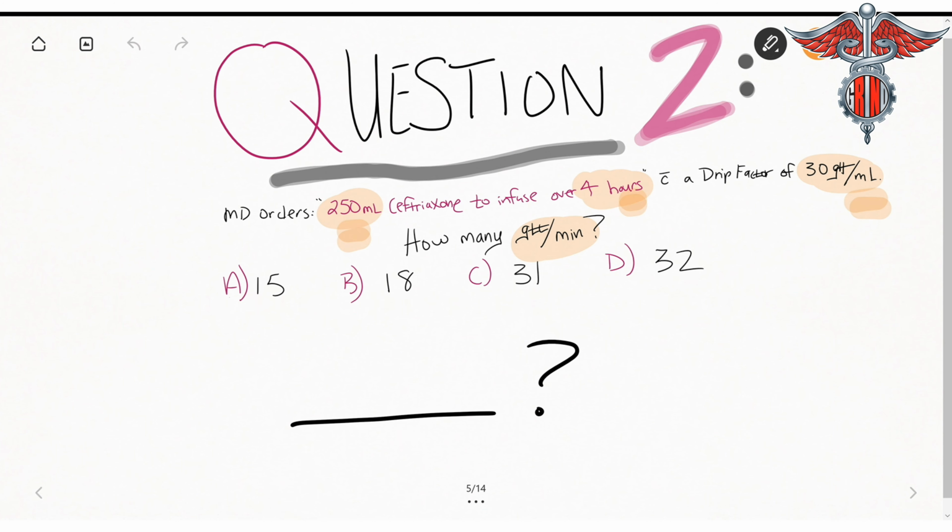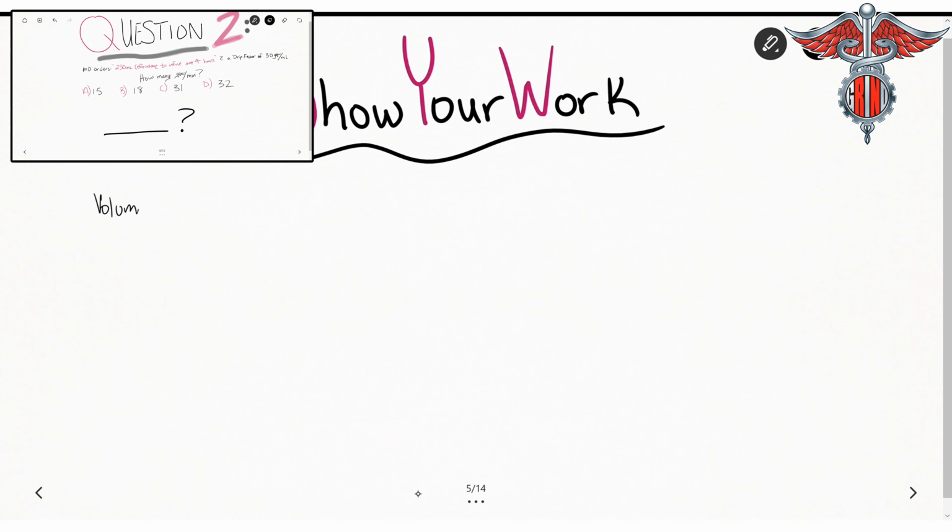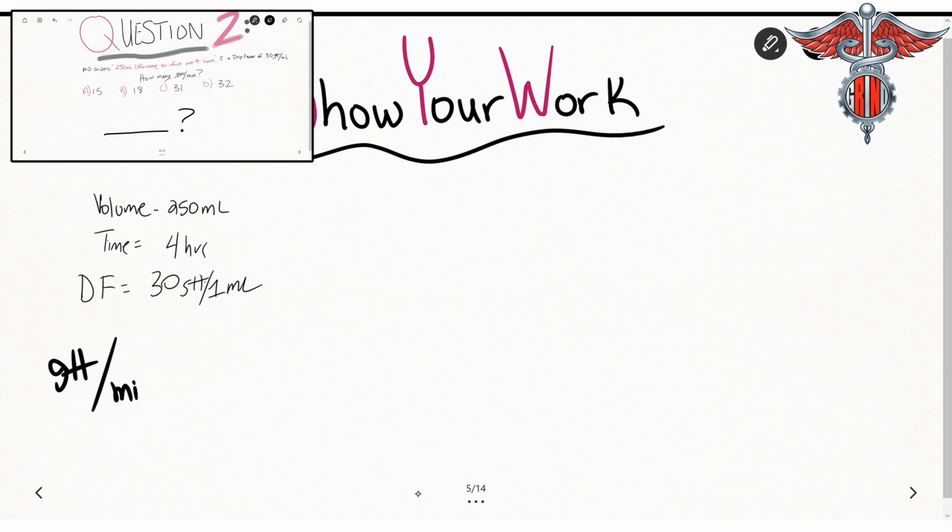So let's go ahead and show our work. Again, our given information, 250 mils were infused. What's our time? It was infused over 4 hours. And our drop factor that they gave us here was 30 drops per 1 mil. And we need to solve for how many drops per minute.